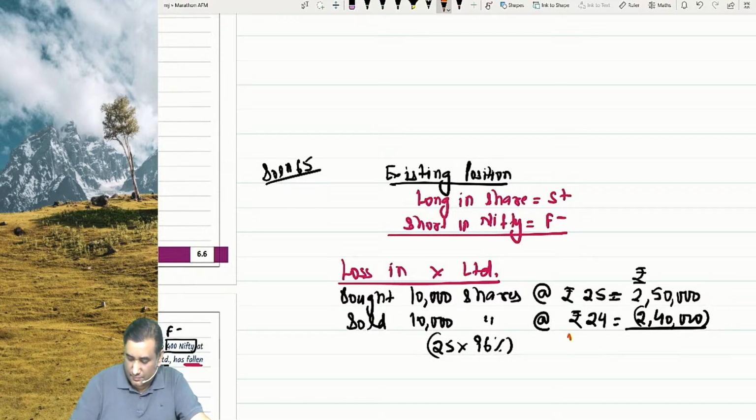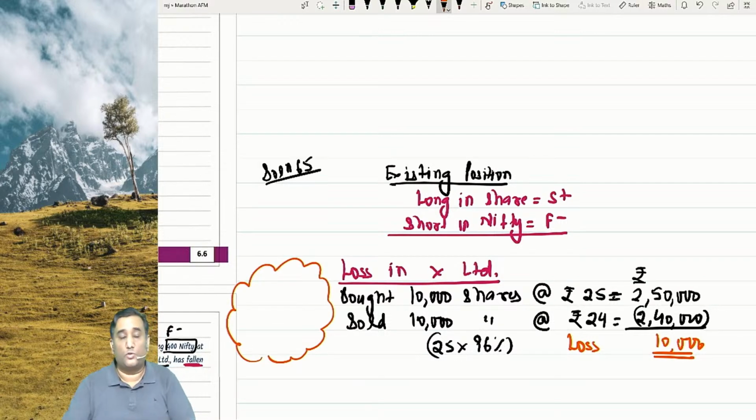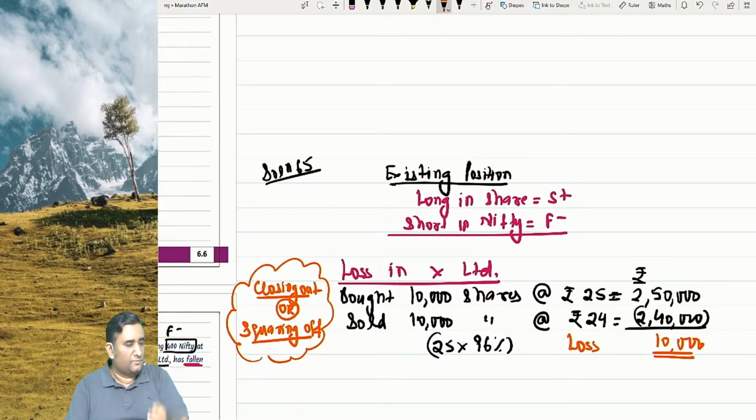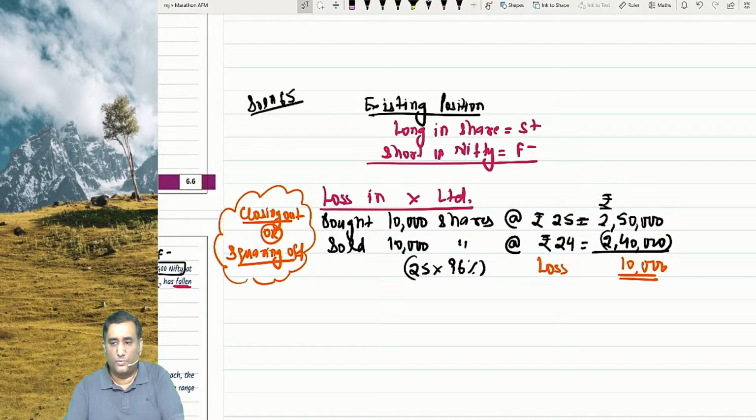It's a loss. Counter has given. This is basically called squaring off. You can call this out squaring off of your term. They might give you wordings, say I bought something and squaring off.